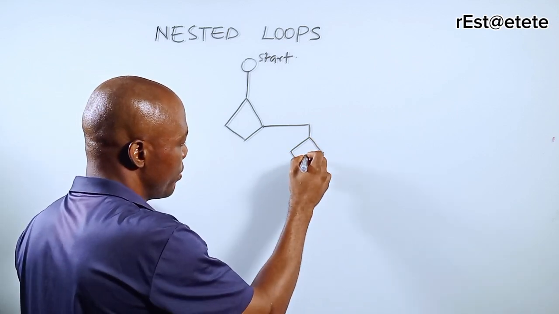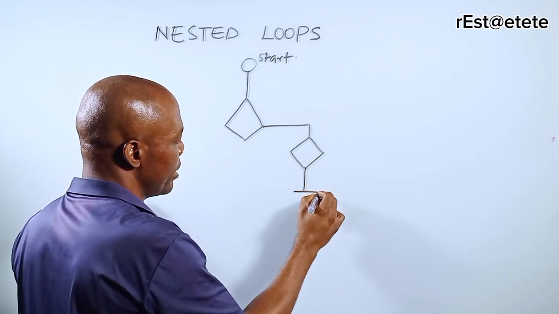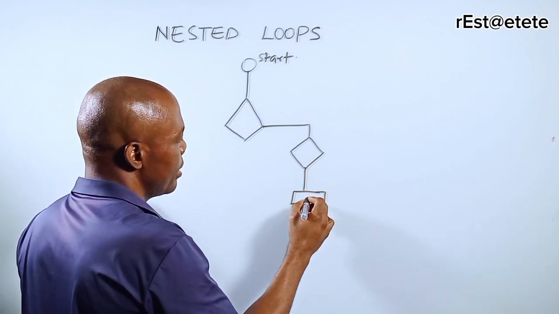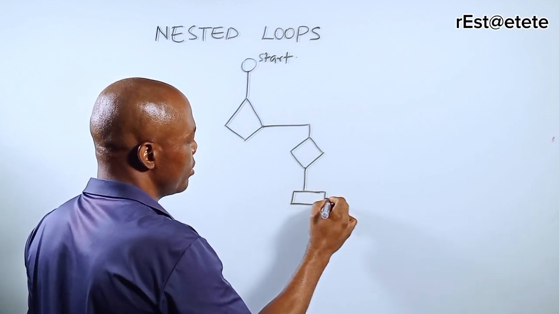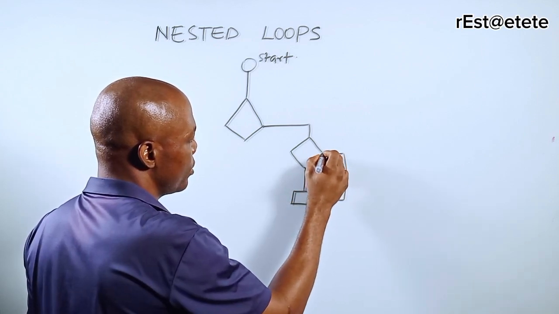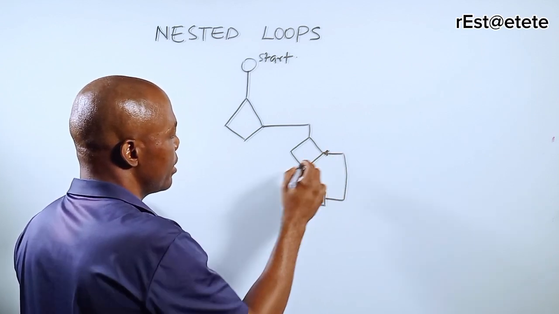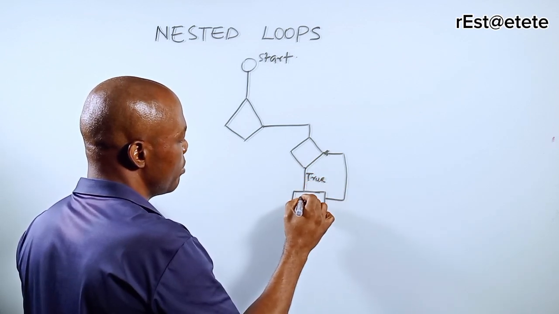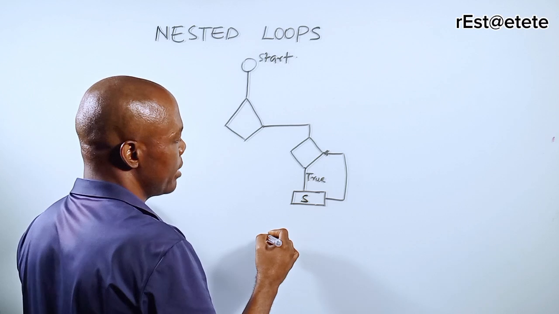Now, when you enter this loop, you now have a statement. Then when you execute this statement, you come back here again and test the condition. So if the condition is true, you execute this statement, just put X.